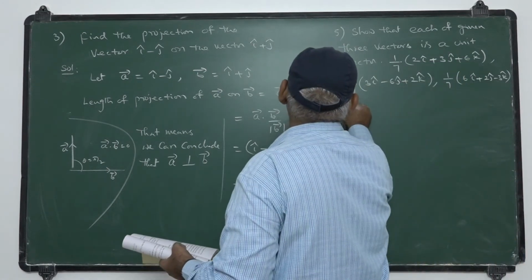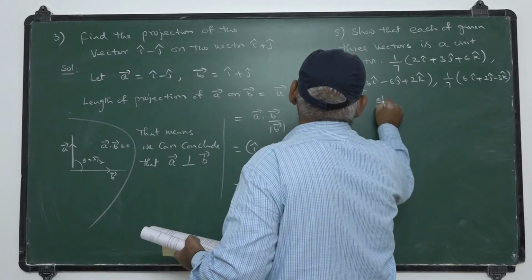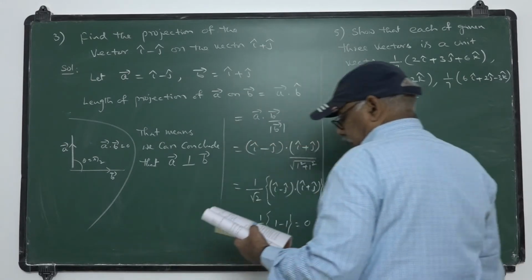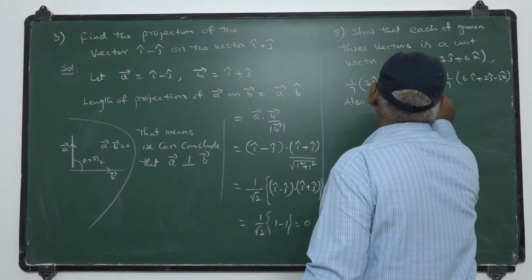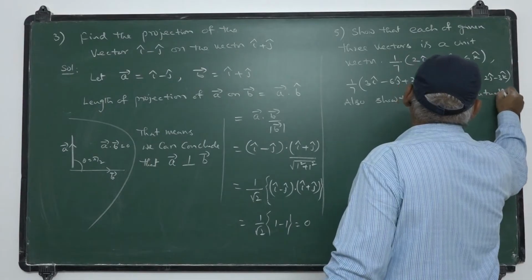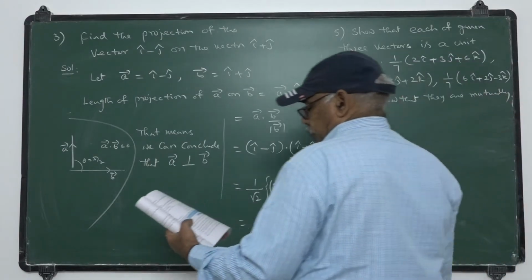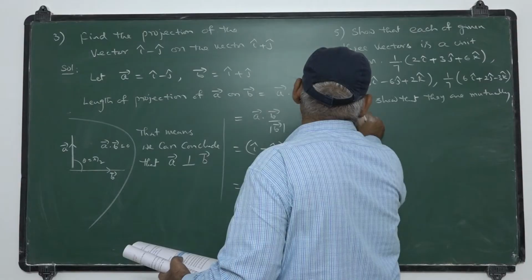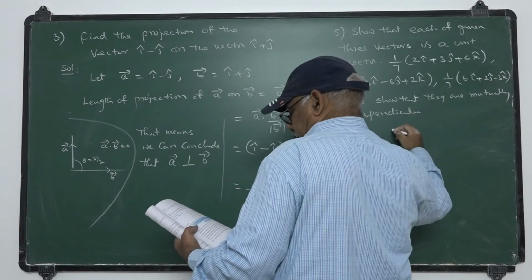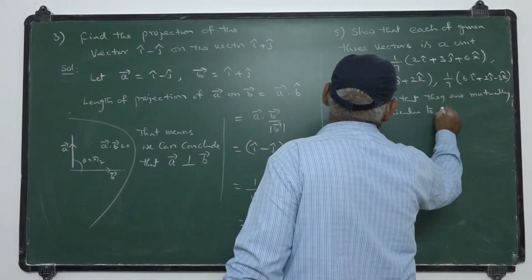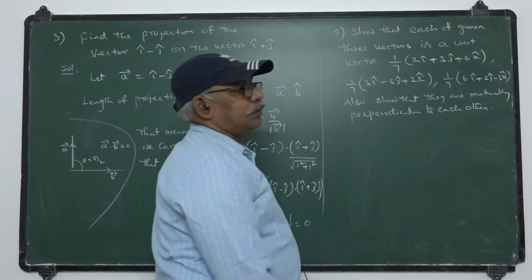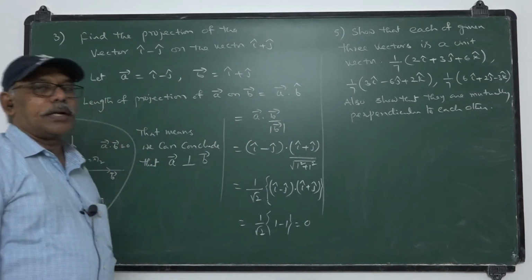Also show that they are mutually perpendicular to each other. Show that the given three vectors are unit vectors.